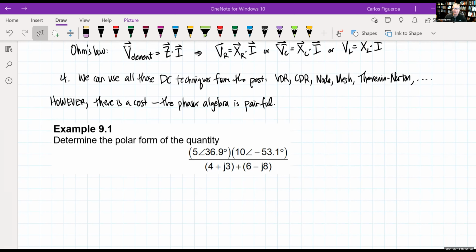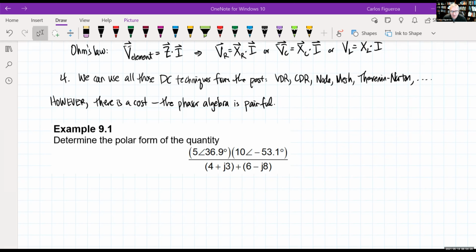What I want to show you is what I mean by painful here. What you're seeing is that I'm just multiplying and dividing two things here, and this is what you typically have to do.